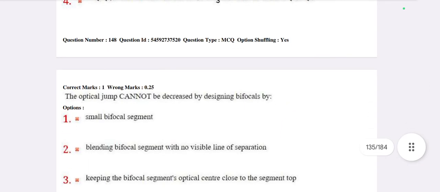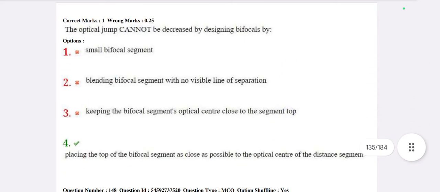Our next question is, the optical jump cannot be decreased by designing bifocal lens by. Answer is placing the top of the bifocal segment as close as possible to the optical center of the distance segment.